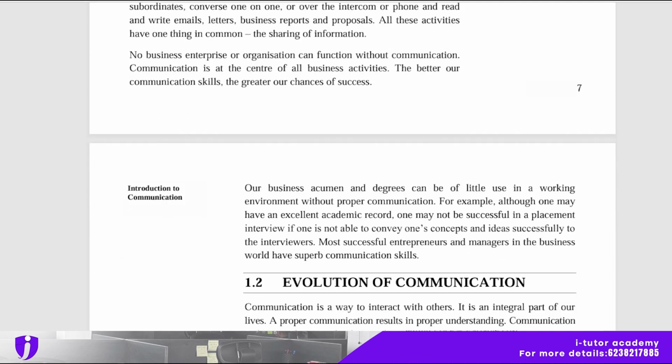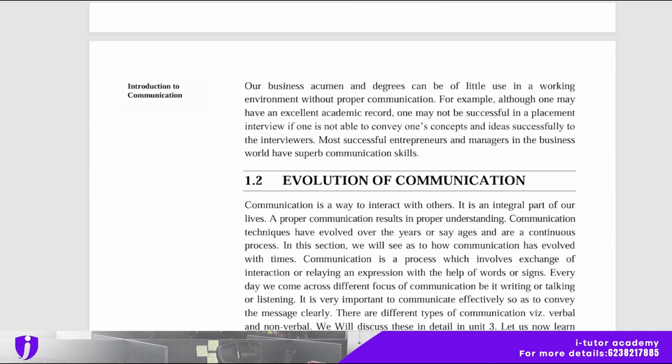Okay, so no business enterprise or organization can function without communication. Communication is at the center of all business activities. The better our communication skills, the greater our chance of success. Our business acumen and degree can be of little use in a working environment without proper communication.